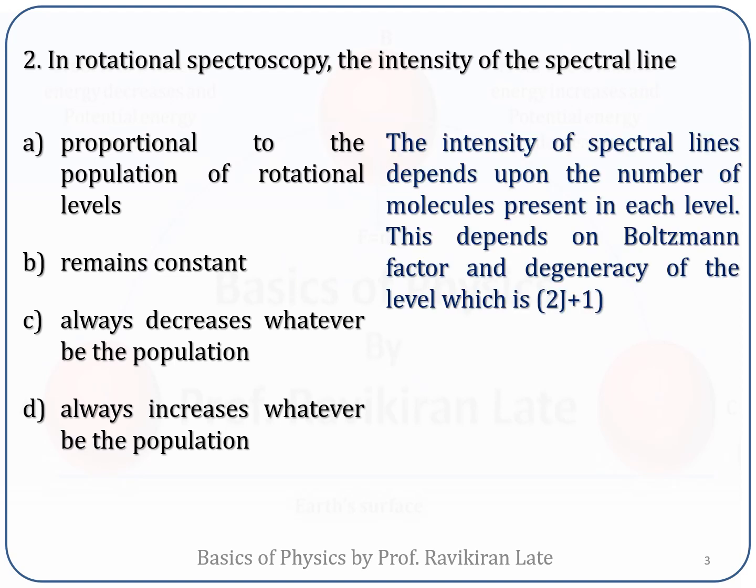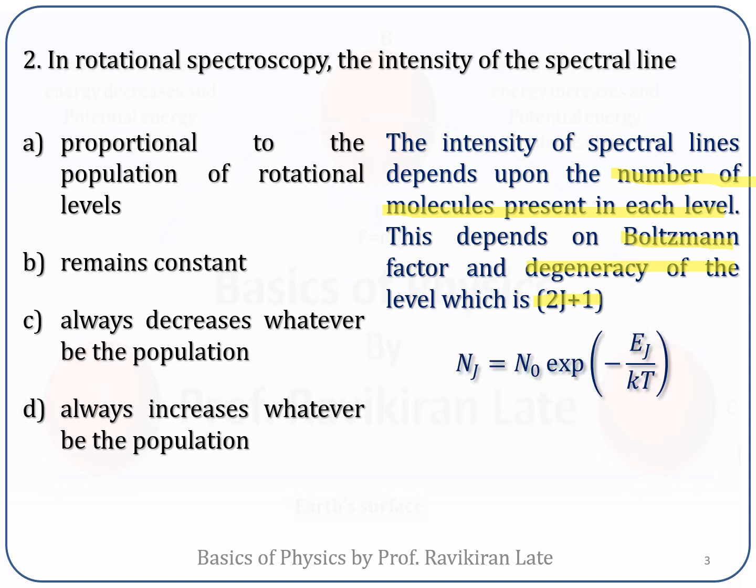Now see, we had seen the intensity of a spectral line in rotational spectroscopy. It depends upon how many molecules are present in a given state, and this depends upon the Boltzmann factor and the degeneracy of each level, which is 2j plus 1.